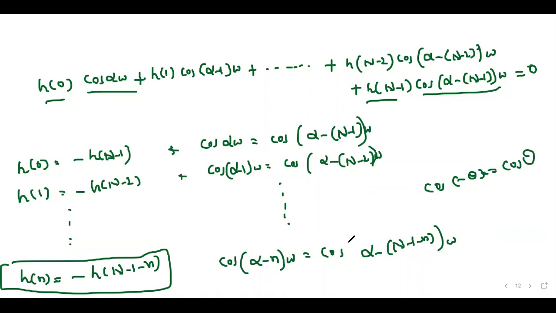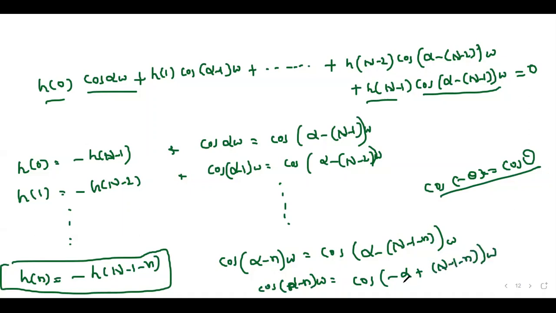It is cos of alpha minus of n minus 1. Right, this is okay. From this, by using this condition, I can write this is equal to cos of alpha minus n omega is equal to cos of minus alpha plus of n minus 1 minus n omega. You can write because cos of minus theta is equal to cos theta.